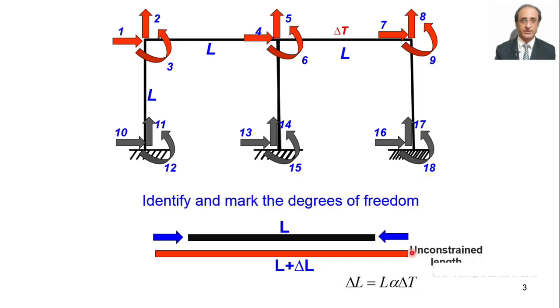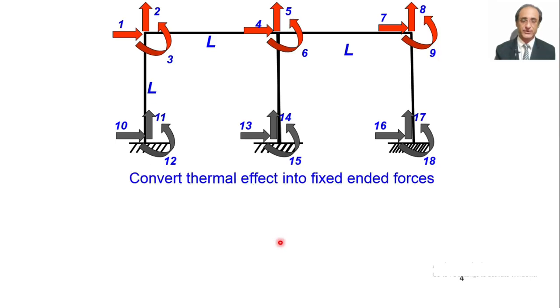So this would have been its unconstrained length. In one extreme situation it's totally unconstrained and in the other fully constrained, so the actual situation will be in between the two. So how do we tackle it?